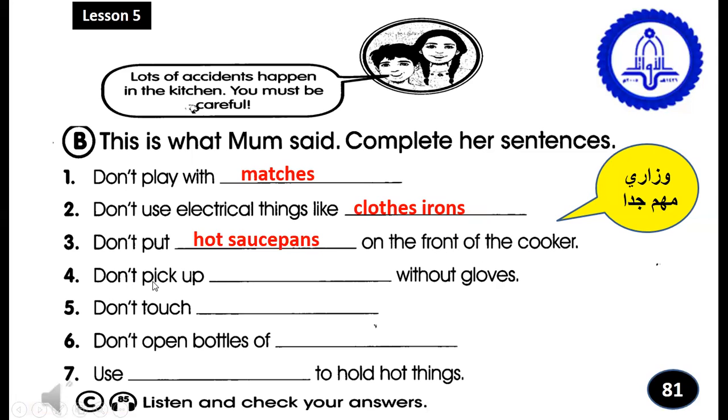Number 4, don't pick up broken glass without gloves. Without means بدون, gloves القفازات. Number 5, don't touch gas bottles. Number 6, don't open bottles of cleaning materials.